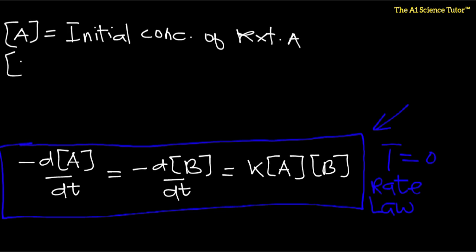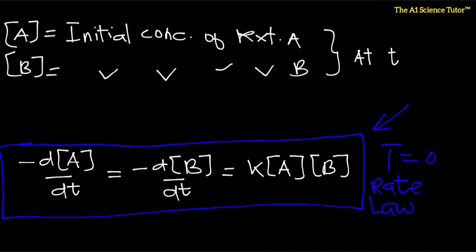And you also have a B in square brackets, which is also the initial concentration of the reactant B. Now, this is called initial concentration because at this time, we do not have a change or a reduction in the amount of the reactants A and B. So this would be called the concentrations at time equal to 0.